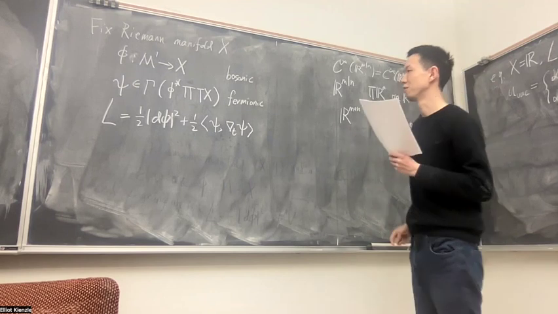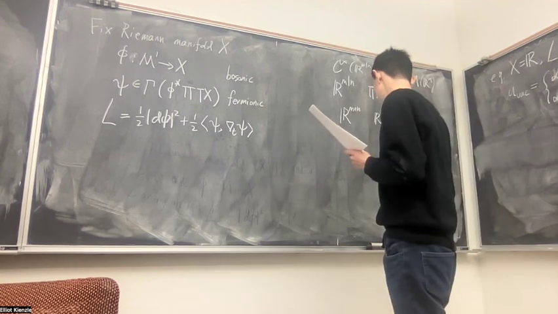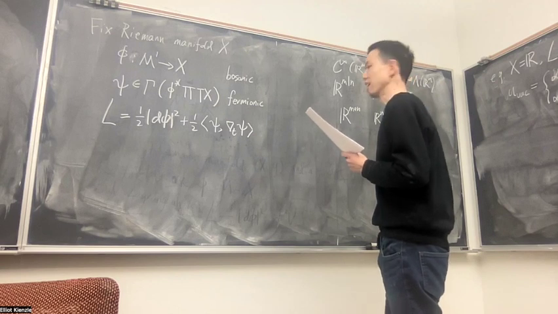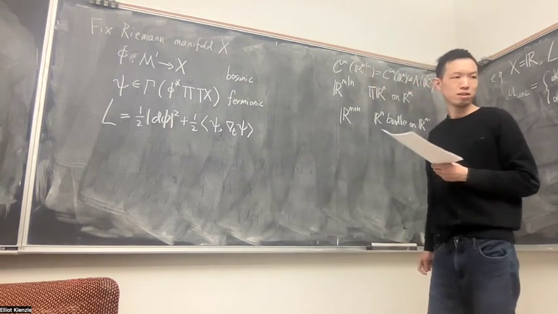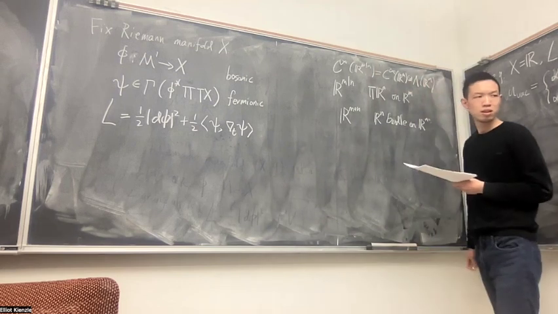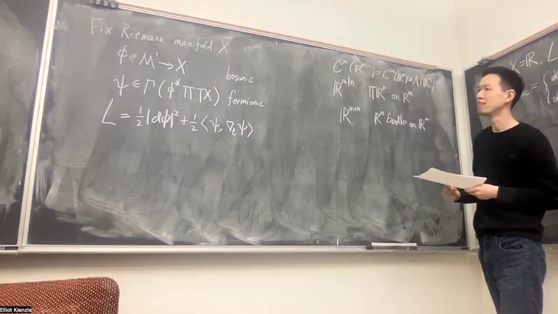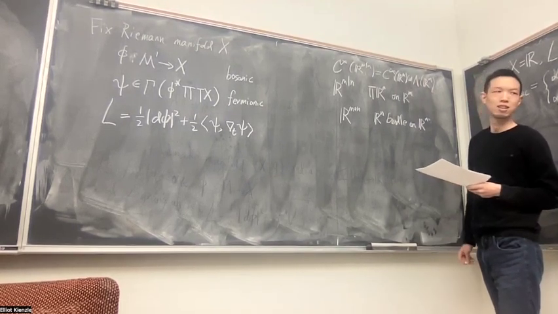So I think what's going on is that we start with a function from R^{1|1}, a superspace, which has the functions that describe it.